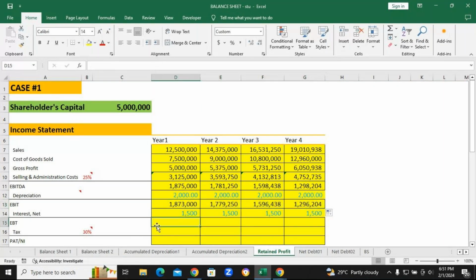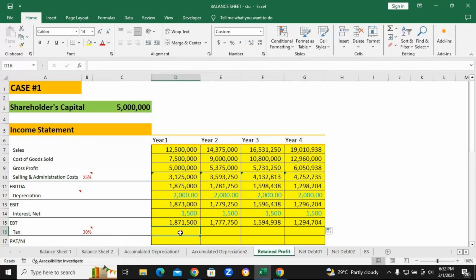Now EBT, earning before tax. Here they are telling the interest is 1500. So EBT is EBIT minus interest. So this is my earning before tax. And here tax, they are telling tax rate is 30% of the earning before tax.